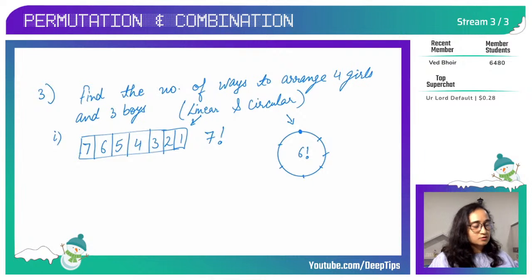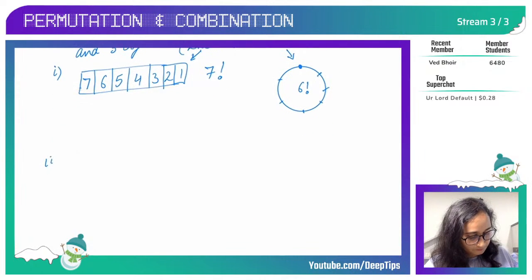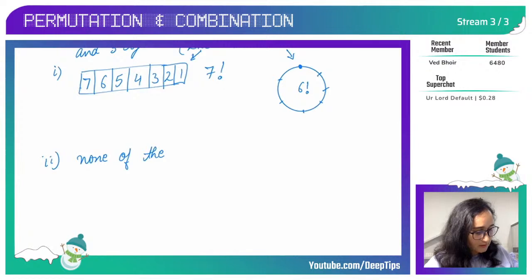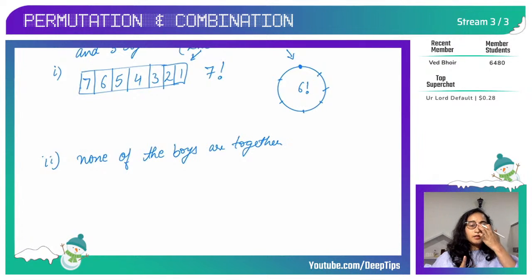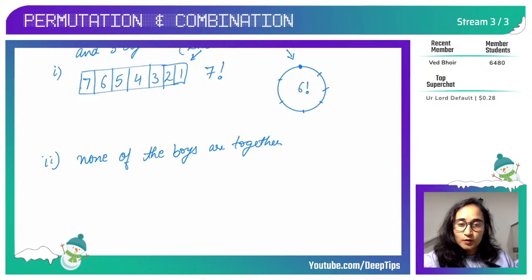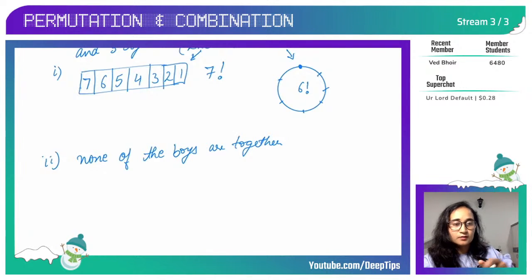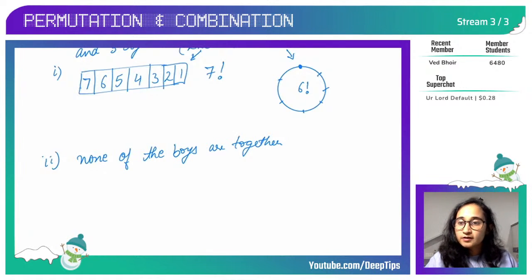Okay, so now I add a condition here, that none of the boys are together. So which is same as the alternate that we did in our first question, but still it cannot be done the same way. The reason is, in my first question the number of boys and girls were the same, so making the alternate places was very clear and simple, because 1 boy 1 girl, there was no scenario where 2 girls were coming in between, right, because the number of boys and girls were same.